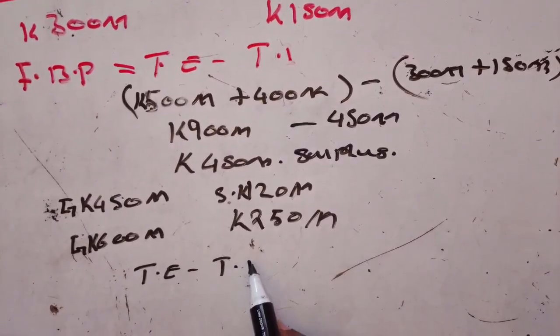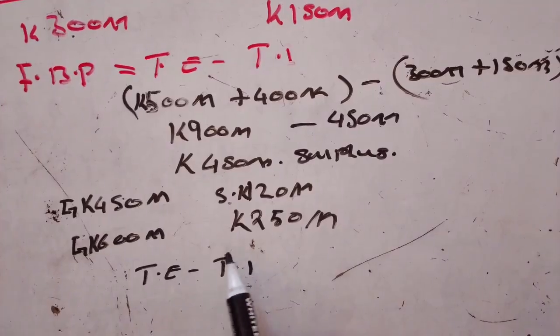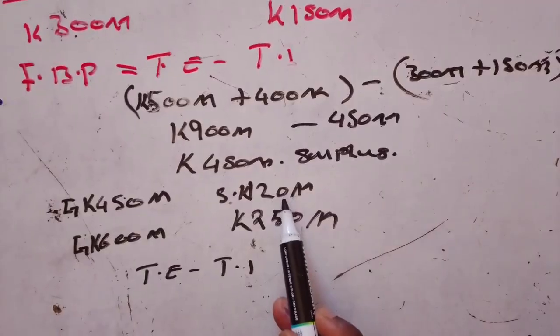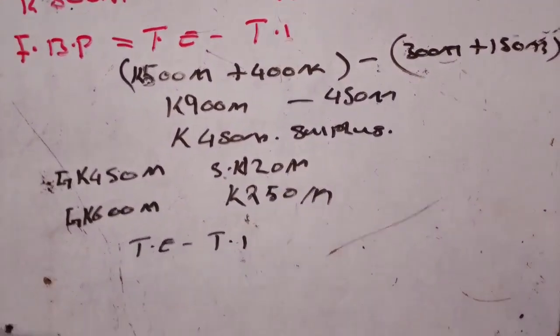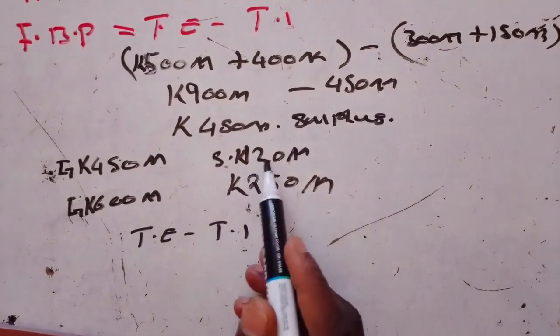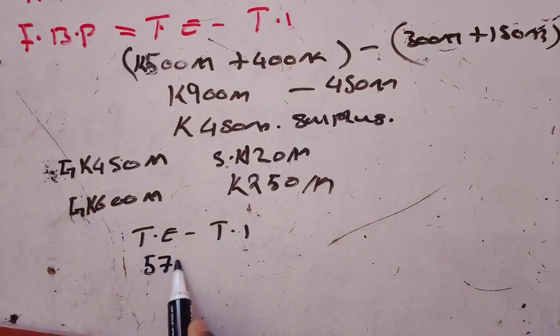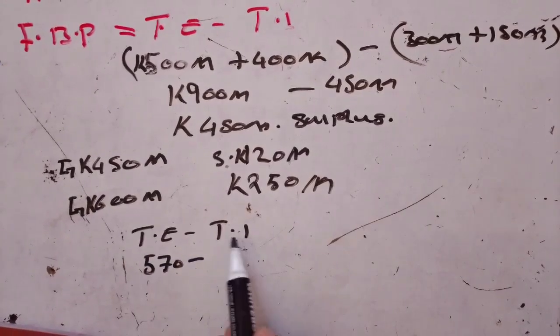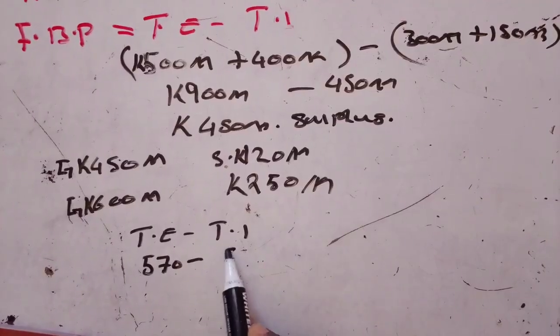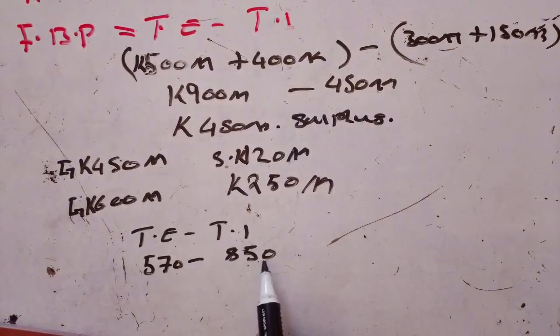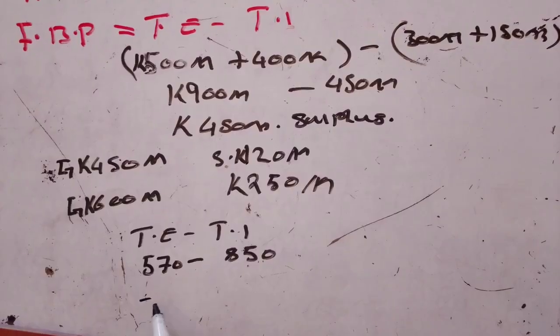Okay, so we have the exports, which are 450 and 120. So 450 plus 120 will give you 570, minus total imports, which is 600 plus 250, which will give you 850. So 570 minus 850 will give you a negative 280 million.